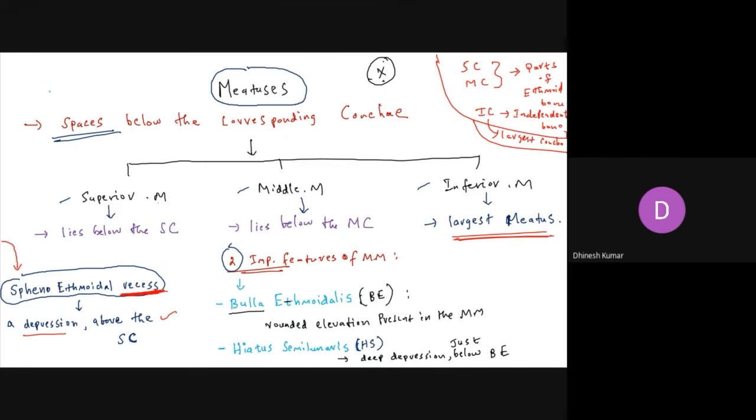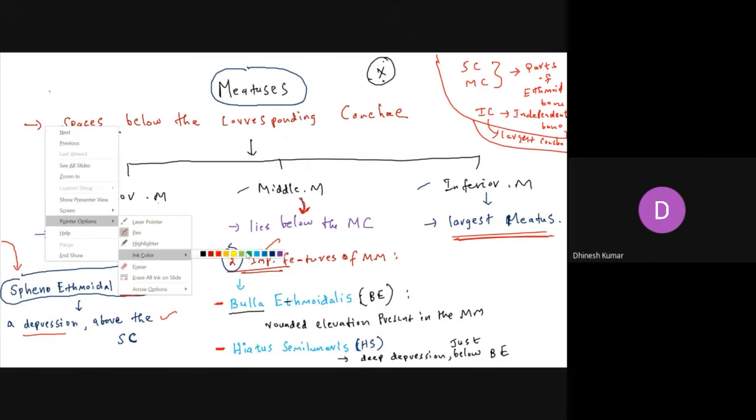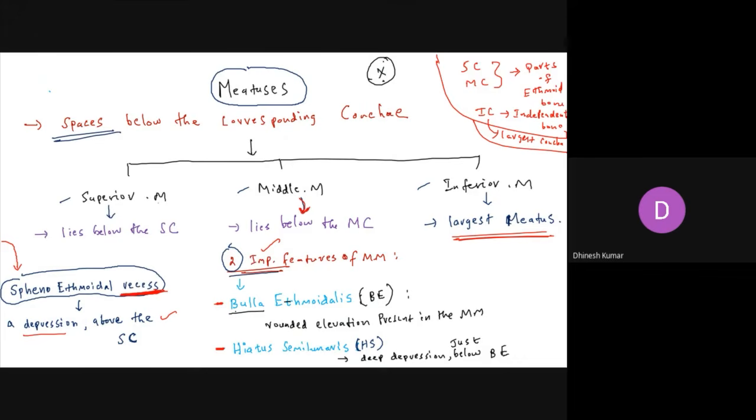Fine. Some more details we have to know here. The middle meatus, I told you, contains two important features. One is called bulla ethmoidalis, another is called hiatus semilunaris. Bulla means elevation, bulge. So we have to know how the bulla ethmoidalis is produced. It is a rounded elevation present in the middle meatus, formed by the opening of the middle ethmoidal air sinuses.